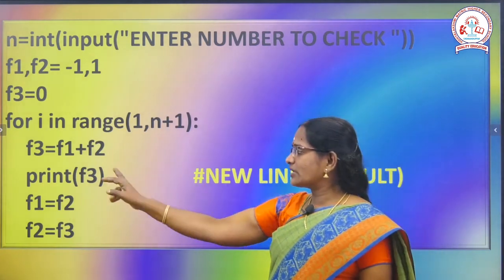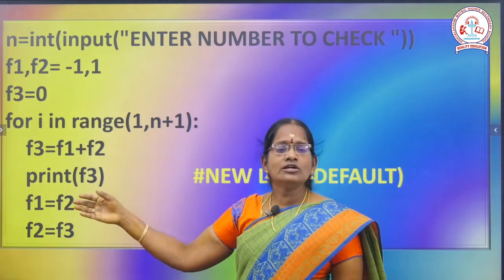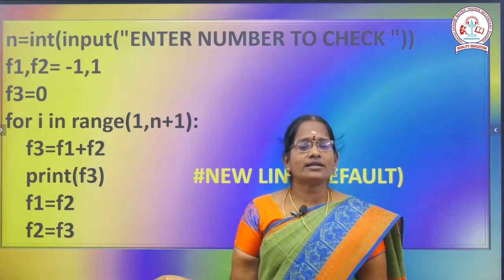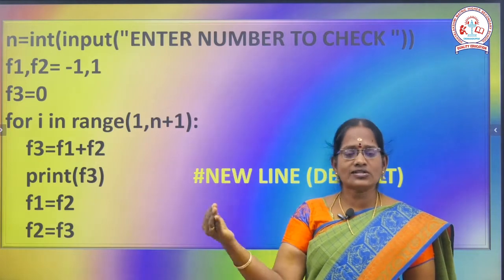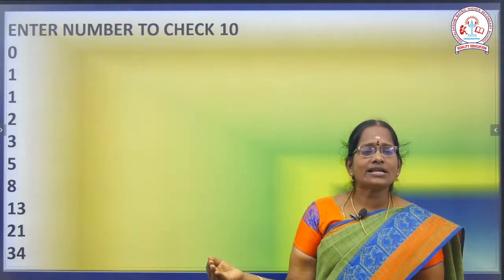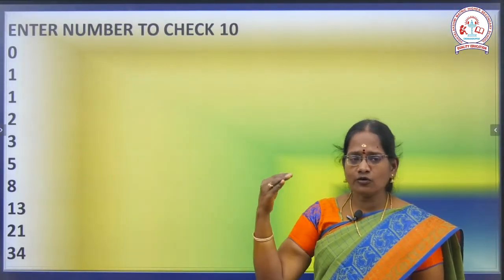In this program we are not using end equal to, but the default is a new line. Print F3 is printed first, then the cursor goes to the next line, and everything is printed one by one.